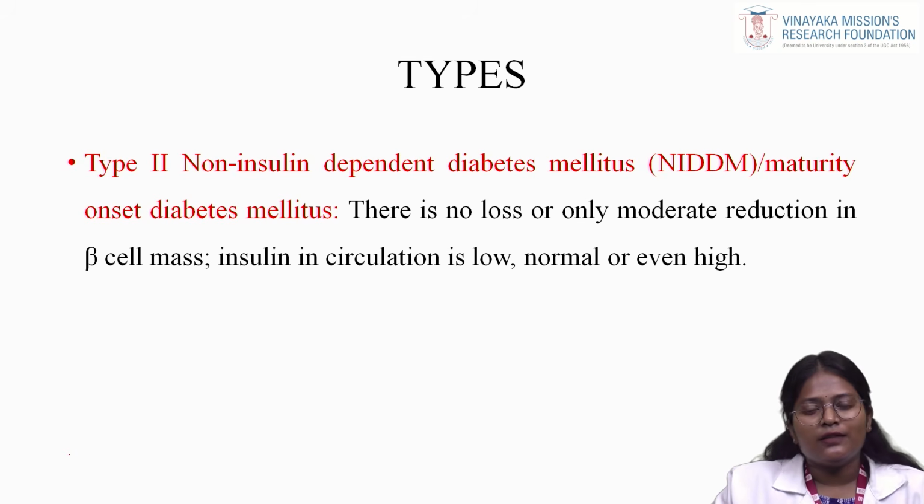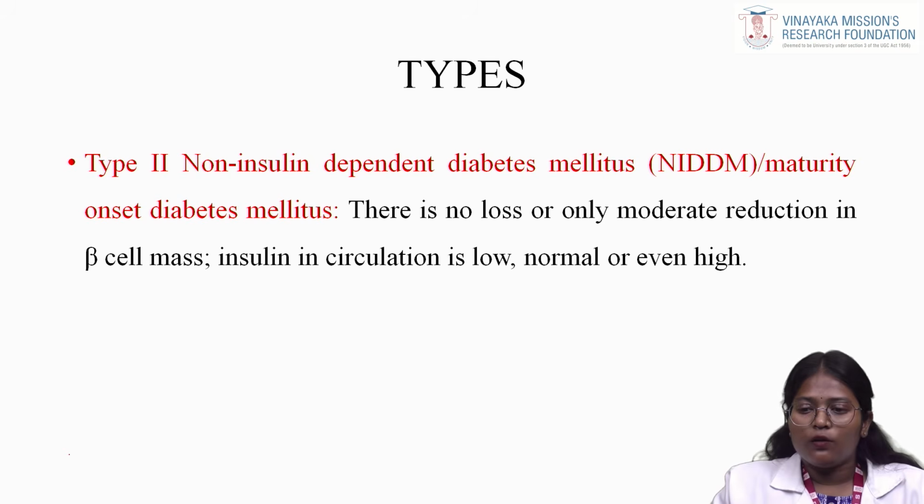Nowadays we can see patients at age 30 getting diabetes, which may be due to sedentary lifestyle, eating habits, or lack of physical activity. These are the major factors that may contribute to type 2 diabetes mellitus.